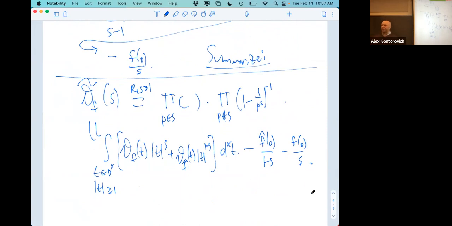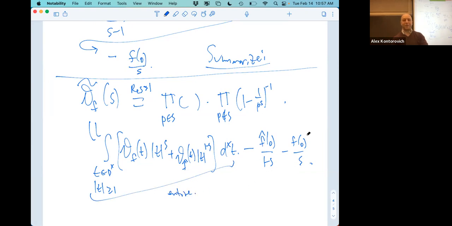So in this sense, it's exactly the same thing as the classical one, with a few things to check along the way. And so this gives, again, this thing is entire, this is entire.